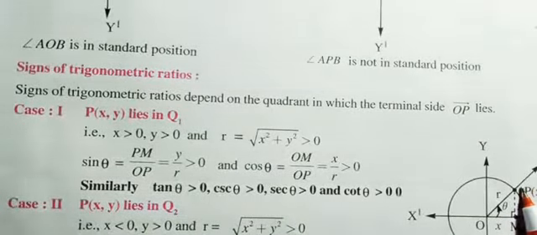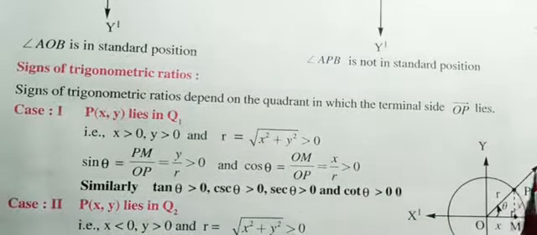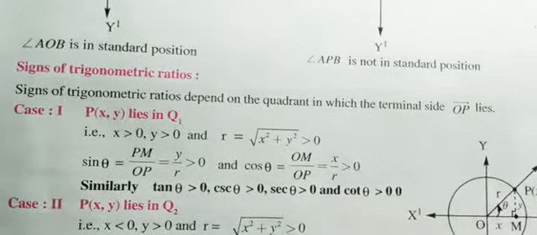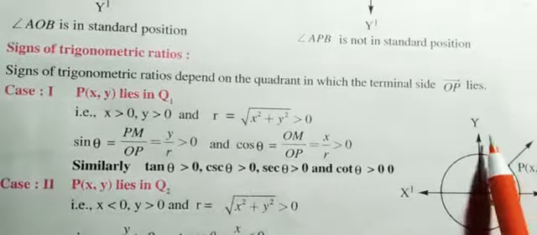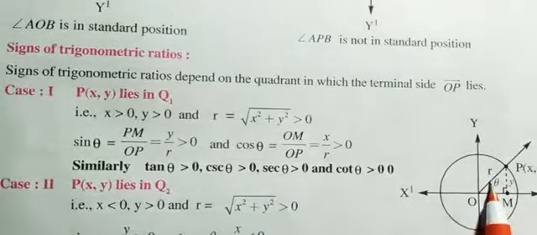P is any point that we can take from the quadrant, not from a quadrant axis. Now here it is taken in the first quadrant. So first, second, third, fourth. It is denoted by P(x, y). This is x, this is y, and this is theta, obviously the angle, and this OP is equal to r.